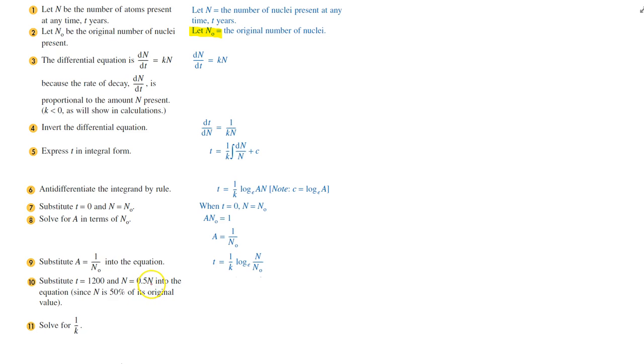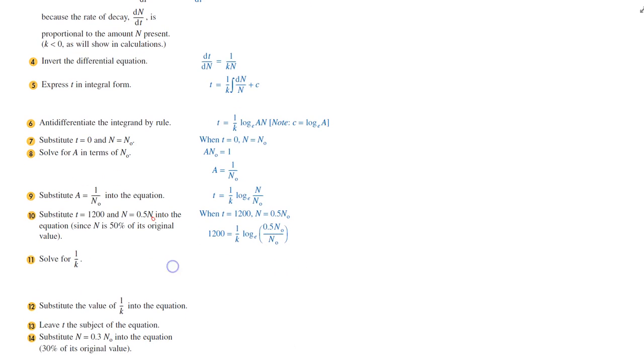So when t equals 1200, N equals 0.5 N0. 1200 equals 1 on k log base e of 0.5 N0 over N0, and those N0s are going to cancel out here.